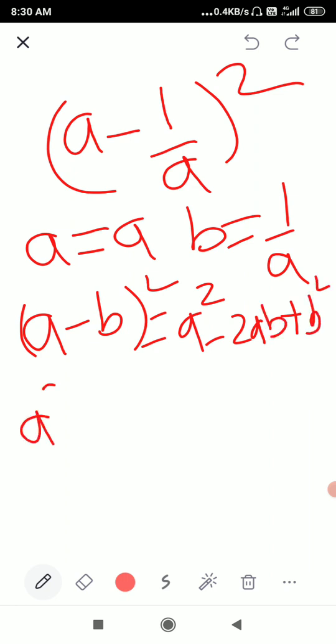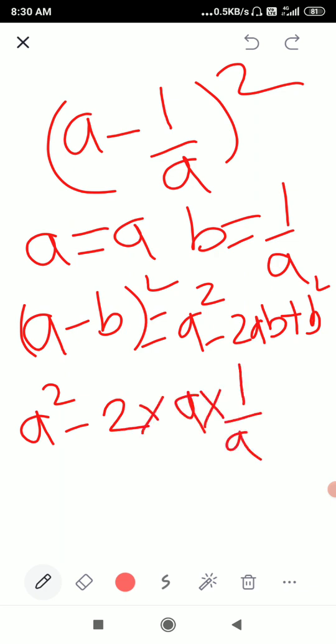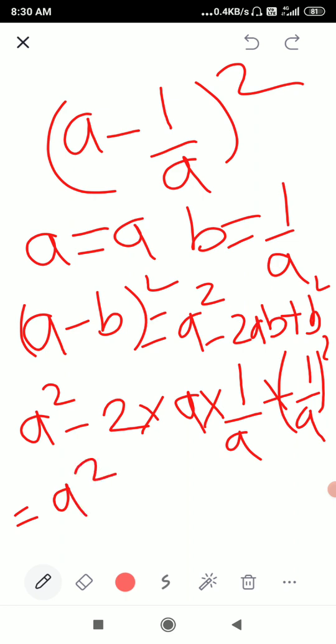So a square minus 2 into a into 1/a plus (1/a) whole square. So this is a square minus, here this gets cancelled, 2 plus 1/a square. So this is the final, last eighth one.